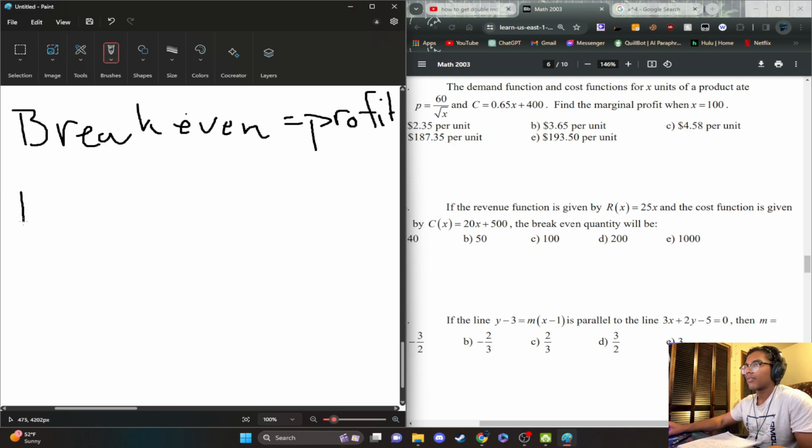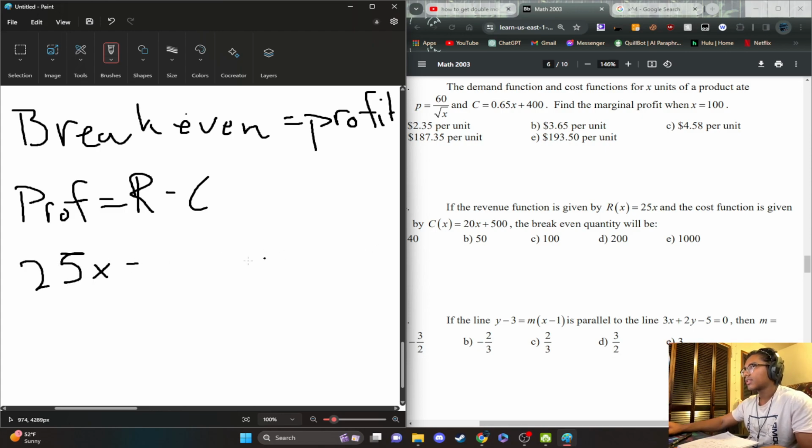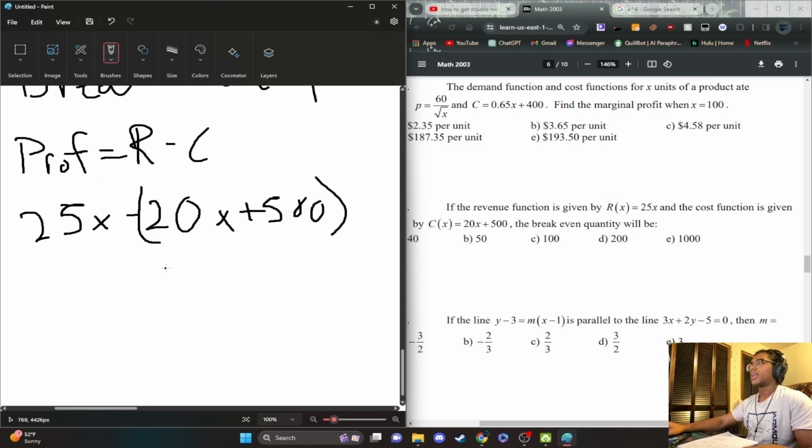Remember how I said the profit function equals R minus C, right? So to find the profit function, you take your R of x, which is 25x, and subtract C of x, which is 20x plus 500.